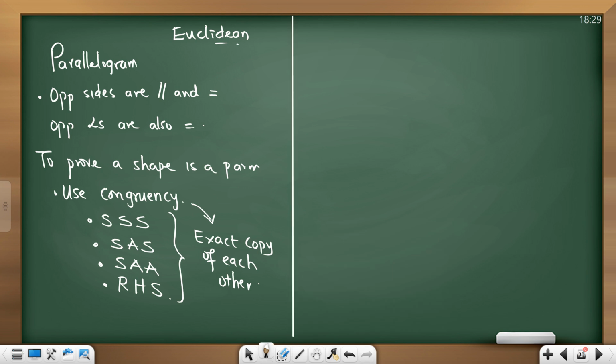For example, what's the symbol for congruency? It's like that, right? So if I tell you that triangle ABC is congruent to triangle DEF, what does this tell you? Arrangement is very important.